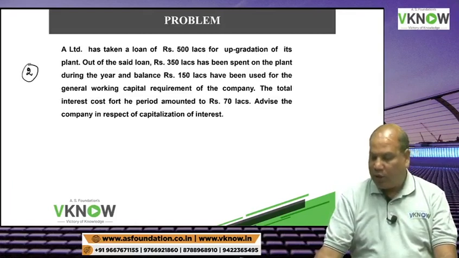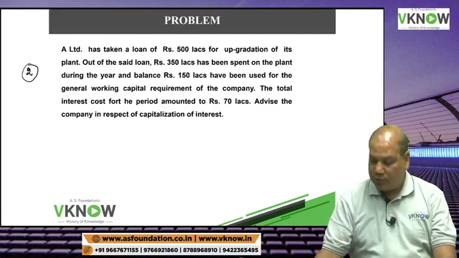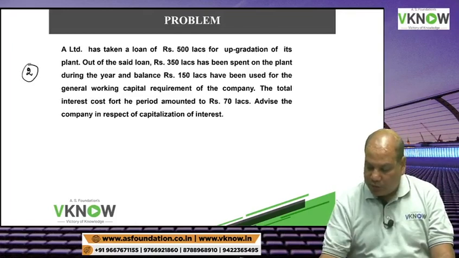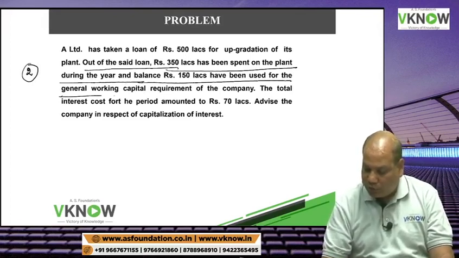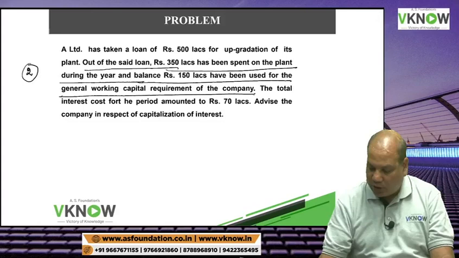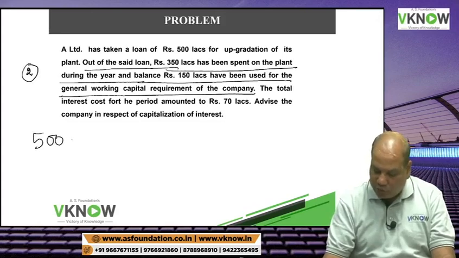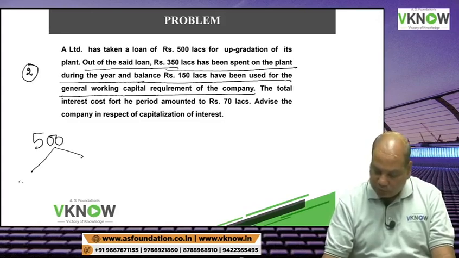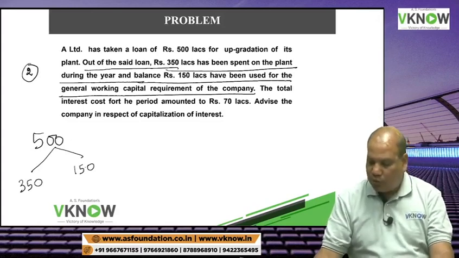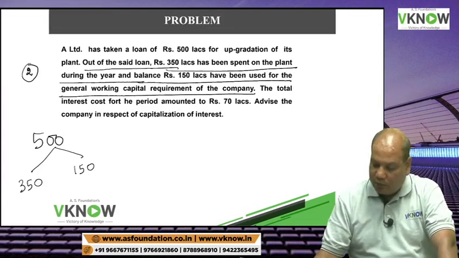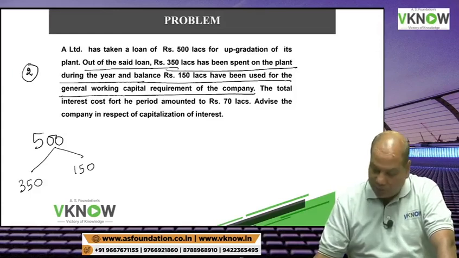A Limited has taken a loan of rupees 500 lakh for the upgradation of its plant. Out of the said loan, 350 lakh has been spent on the plant during the year and balance 150 is used for general working capital requirement. So the ratio is 350 for plant and 150 for working capital.